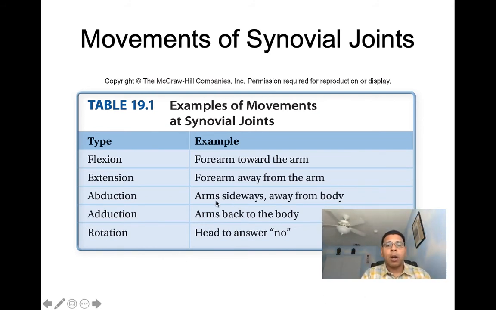So abduction, arms sideways, and when we move them away from the body, we're abducting our arms. And then opposite, when we bring them back, that's adduction, arms back to the body. And the last we can see here is rotation. Rotation is basically a movement of a bone along its own axis. So here you can see you have rotation.